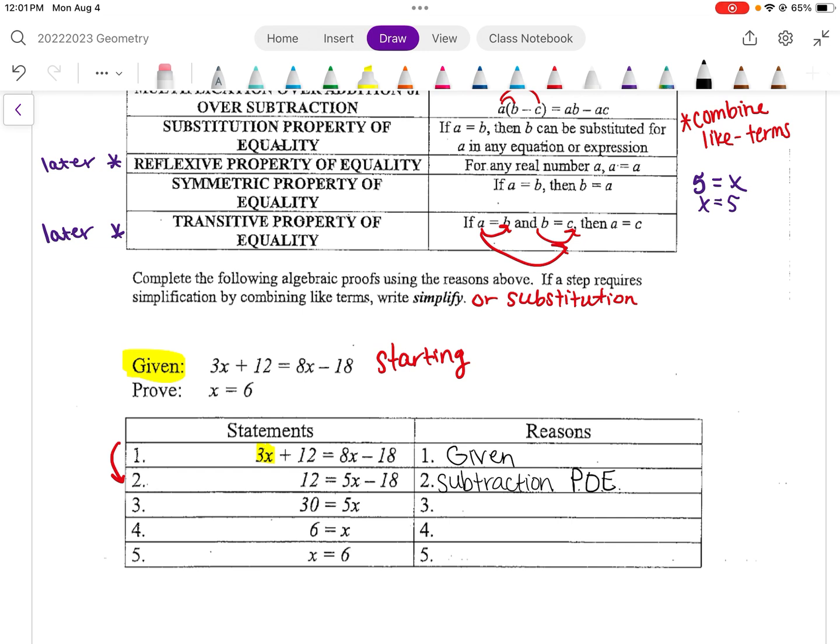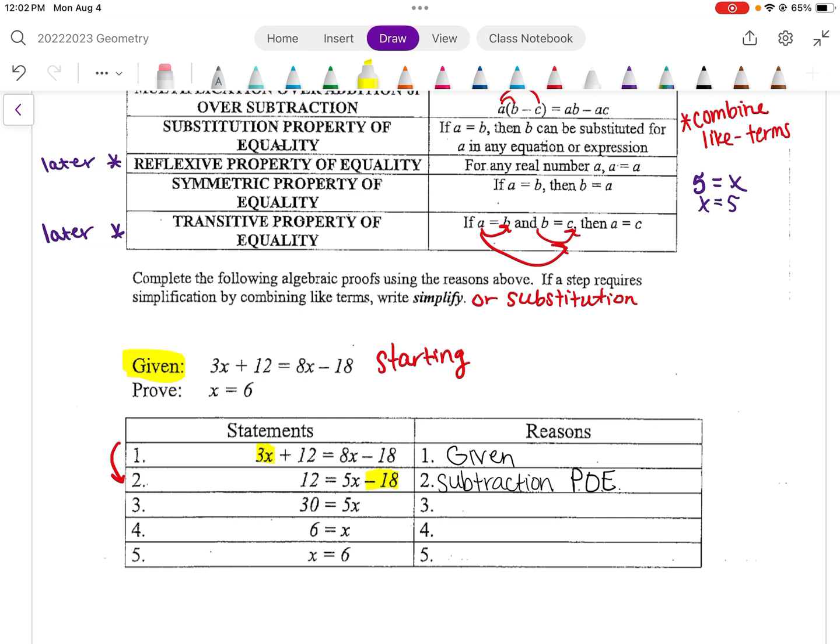Property of equality. I'm going to put POE for property of equality, just to save us some space. So from 1 to 2, they used subtraction. That's how we came up with 2. Now, look at step 3. Where are they getting 30 equals 5x? What did they do to get there? Well, I see that this negative 18 disappeared.